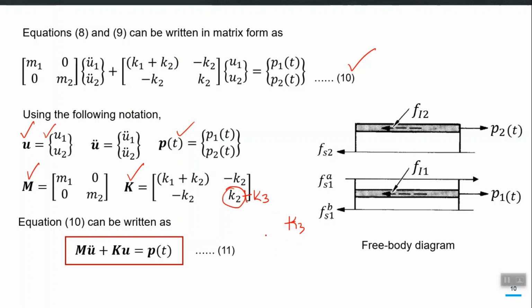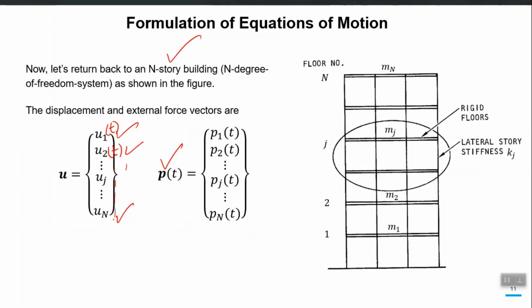And then keep on adding more stories up to n story, you can follow the same pattern for the K matrix. So you will see that there will be a band, because this now will be minus K3, right, and this entry will become 0. So there will be a 3 by 3 matrix for a 3-story building, right. So there will be a band which will have values depending upon the connectivity of stories, and other than that band all the entries will be 0.